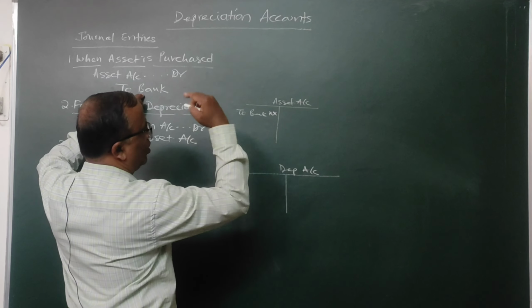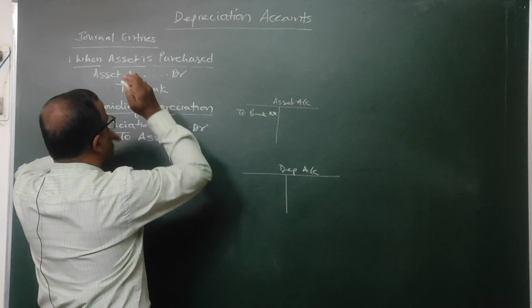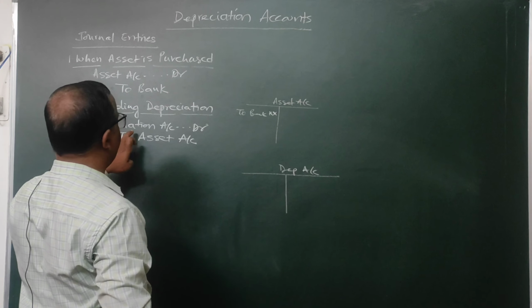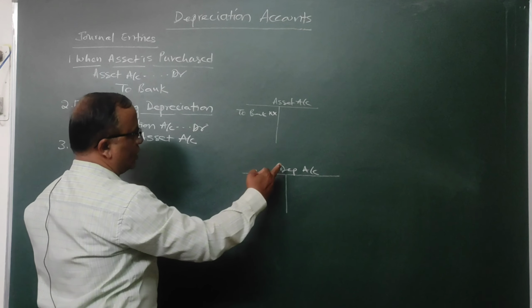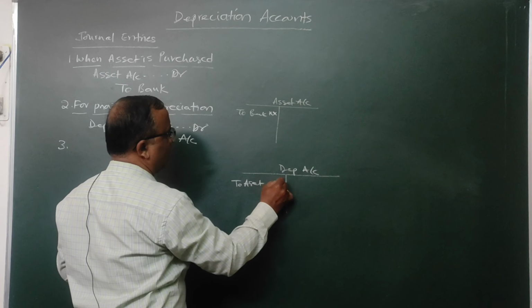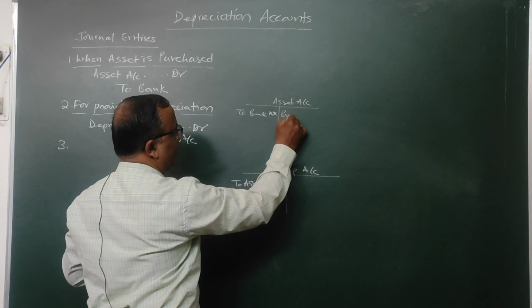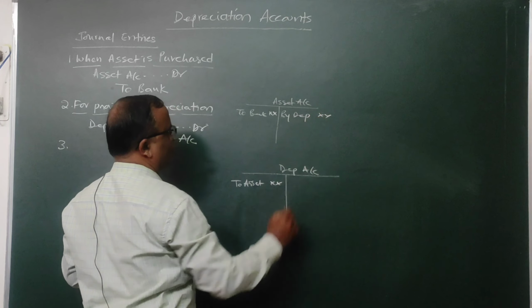Then in the bank account, we will create it as 'By asset'. Then when you provide depreciation, your entry will be depreciation account debit to asset. So in the depreciation account on the debit side, 'To asset account', we will post it here, whereas in the asset account, we will write it as 'By depreciation'.